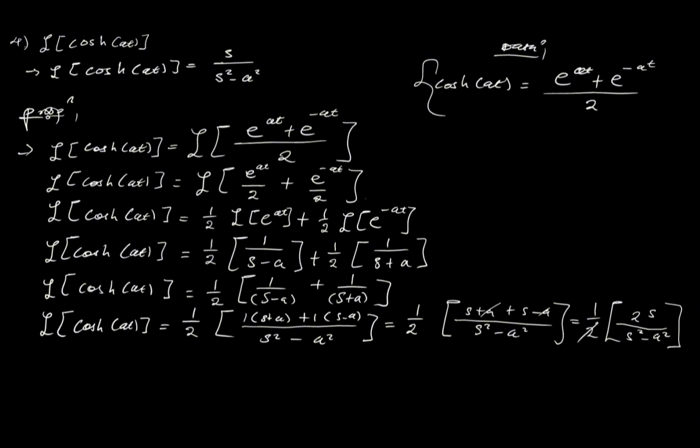The 2 here and the 2 on the s cancel out. Therefore, the Laplace of cosh at is equivalent to s over s squared minus a squared. And this is now proven.